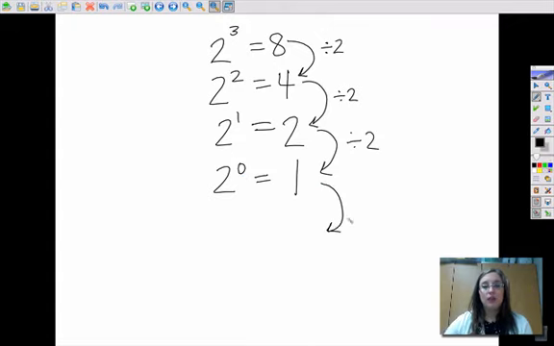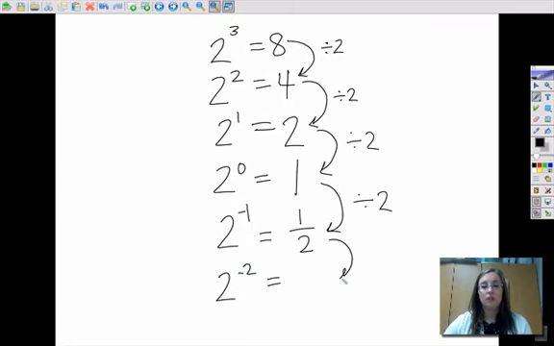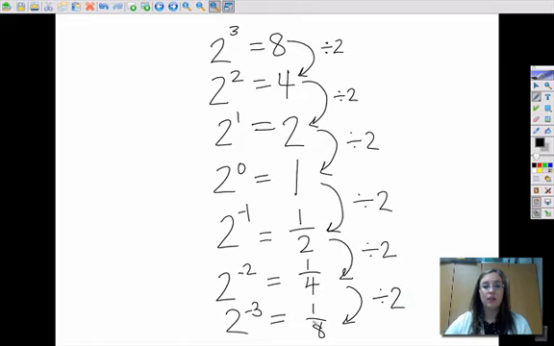Now I can do the next thing. I can also divide by 2 again, so I can think about moving down 1 in the exponents. That gives me 2 to the negative 1, which would be 1 divided by 2, which I can write as a fraction, 1/2. 2 to the negative 2, divided by 2 again, 1/2 divided by 2 is 1/4. 2 to the negative 3 is 1/4 divided by 2 again, that's 1/8.